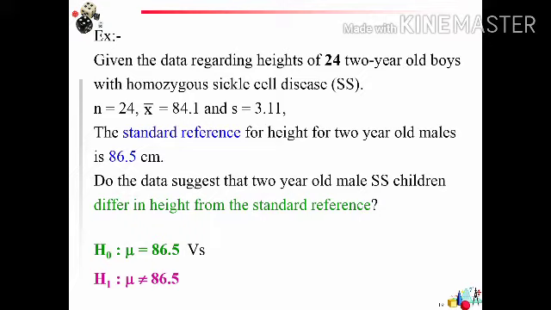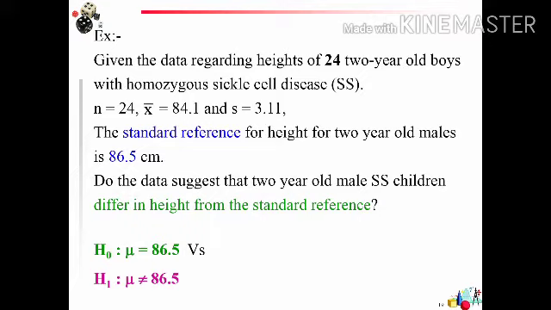Do the data suggest that 2-year-old male sickle cell disease children differ in height from the standard reference value? So here we want to check whether the sickle cell diseased children's height is equivalent to the standard reference height.